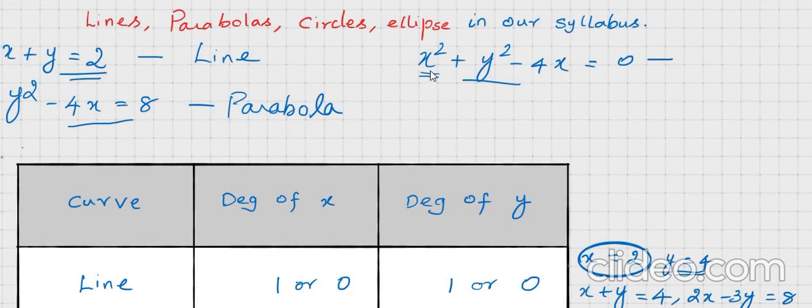First condition, both variables take degree 2. So the choice is circle or ellipse. Now what makes the difference? For a circle, the coefficient of x square must be equal to the coefficient of y square. Here both the coefficients were 1, right? Both the coefficients were 1. So this equation represents a circle.